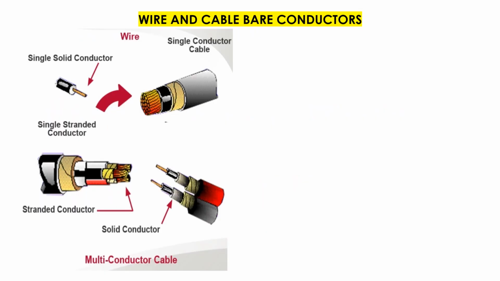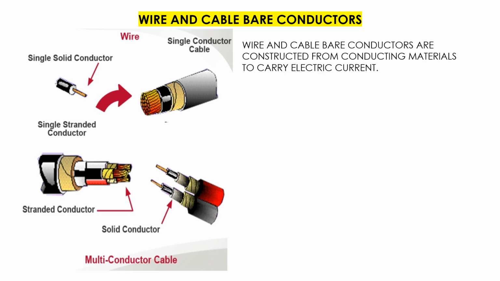Wire and cable bare conductors. As you can see, our wire: single conductor, single stranded conductor, and we have multi-core cables. As you can see in this picture, wire and cable bare conductors are constructed from conducting materials to carry electric current, of course.